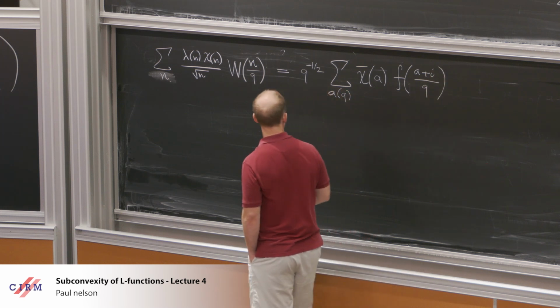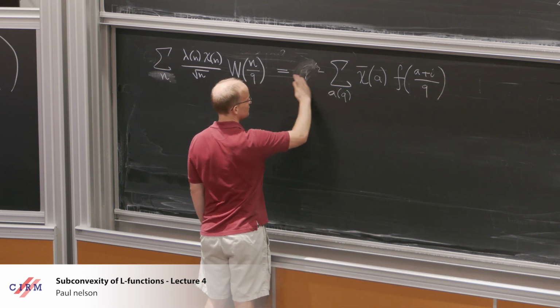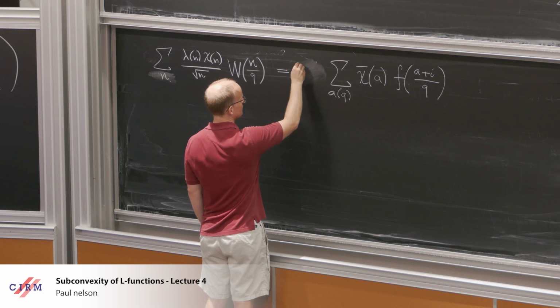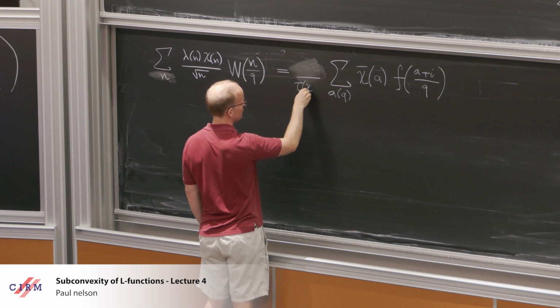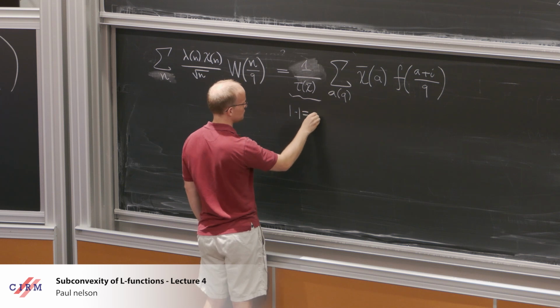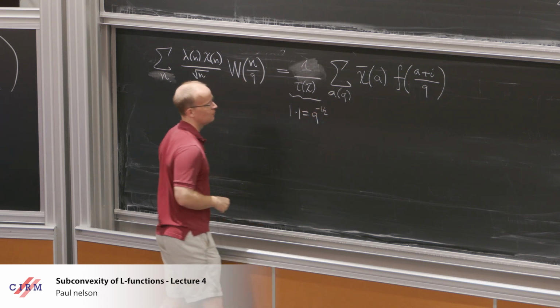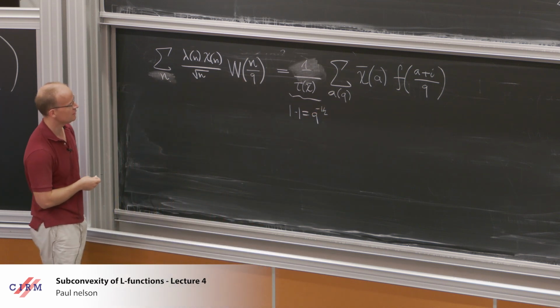It won't be exactly that, but it'll involve the Gauss sum of chi, divided by the Gauss sum of chi bar, one over that, let's say. This of course has absolute value equal to q to the negative half, so it's of the size I indicated.